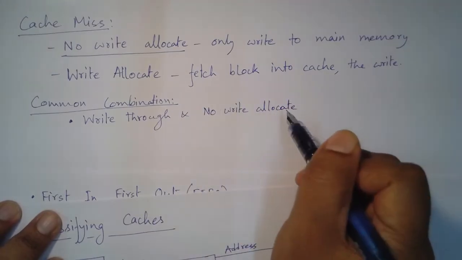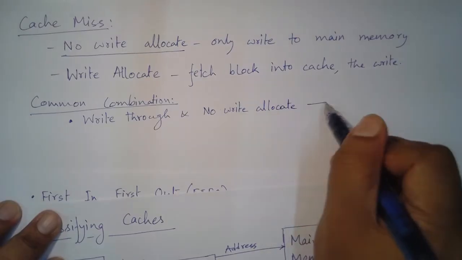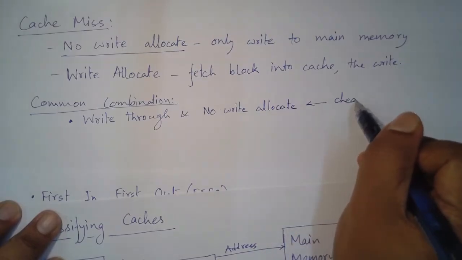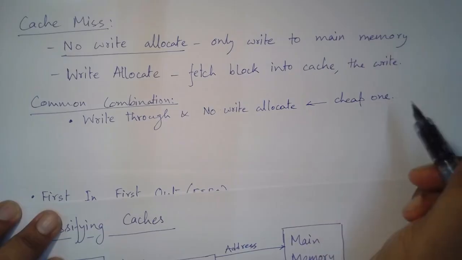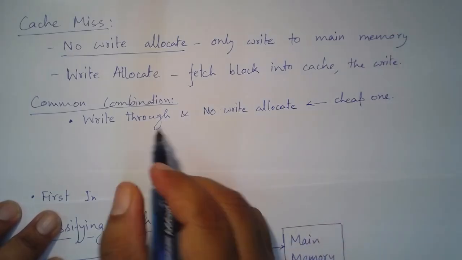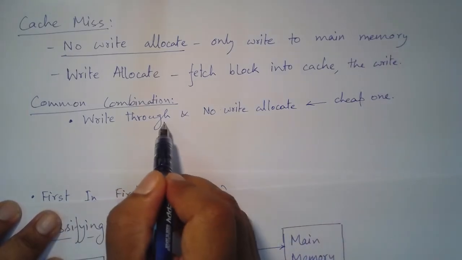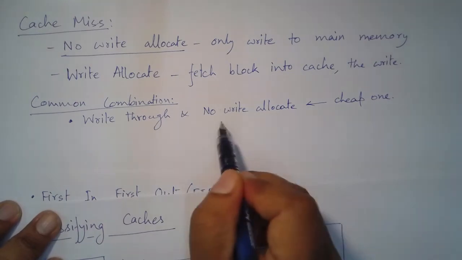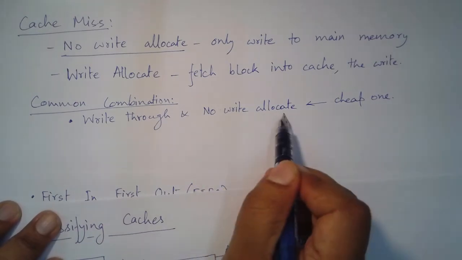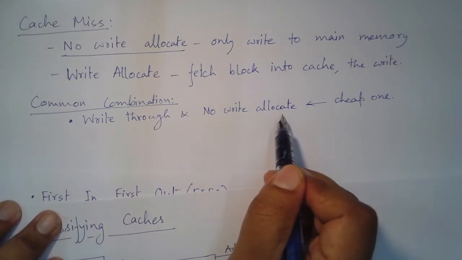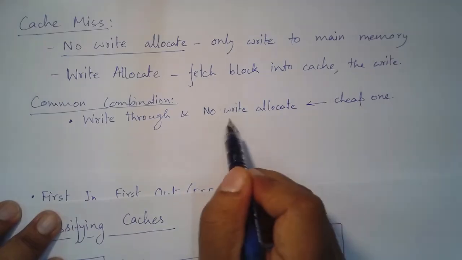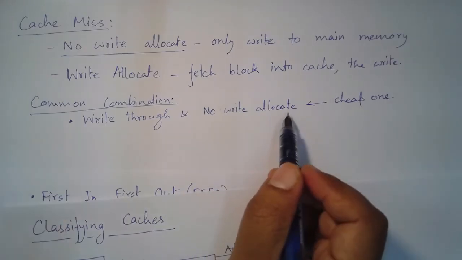As you can guess, this is a very cheap one, and the performance is not that great, because you will be wasting a lot of bandwidth, and you are not exploiting temporal locality in no write allocate, because you are not bringing in the data.